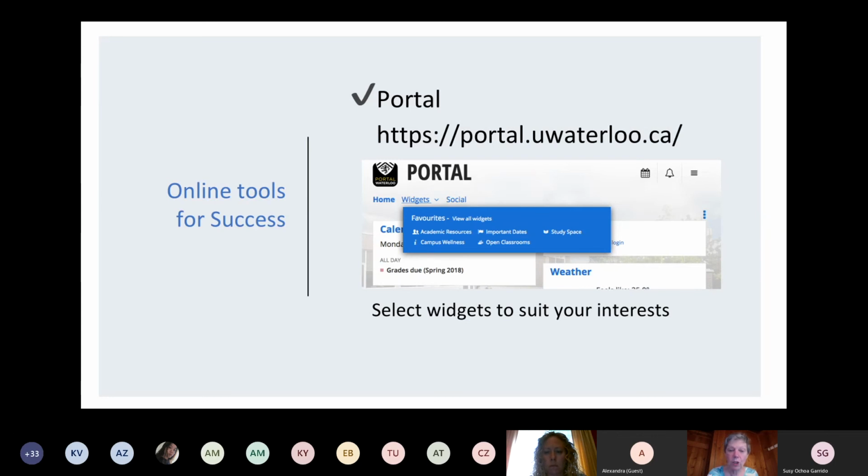They may well have widgets for access to buildings and more COVID-related information as the term gets underway. But definitely, they're very useful online tools. It's a way for us to message all students and for them to find information effectively. Next slide, please.